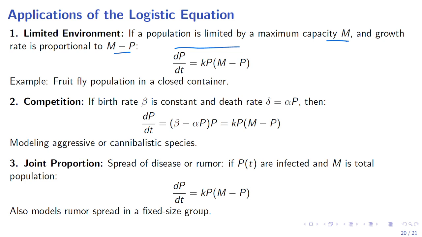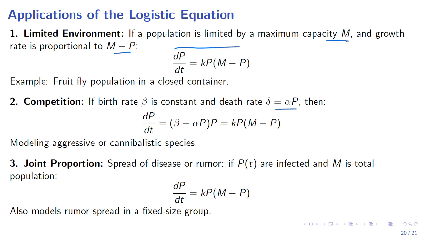The second application is if the birth rate is constant and the death rate is proportional to P. Previously, remember, we had a constant death rate with a decreasing birth rate. That case also the logistic equation worked. That's how we define it.